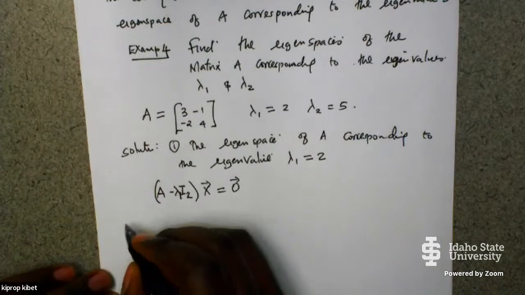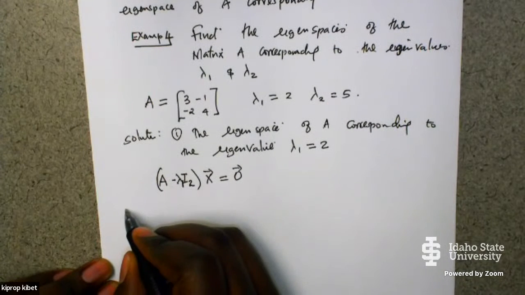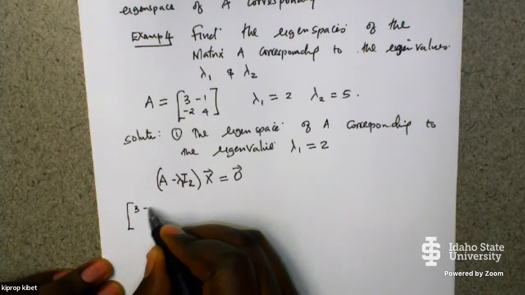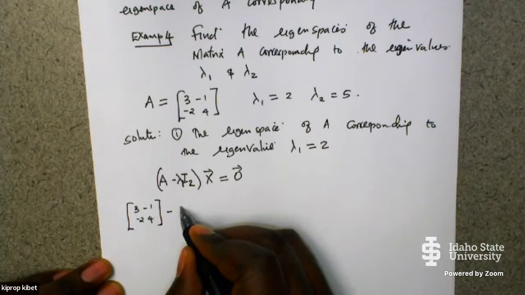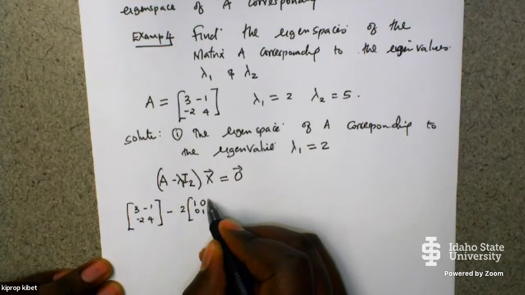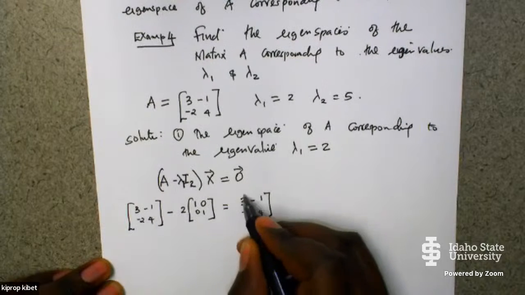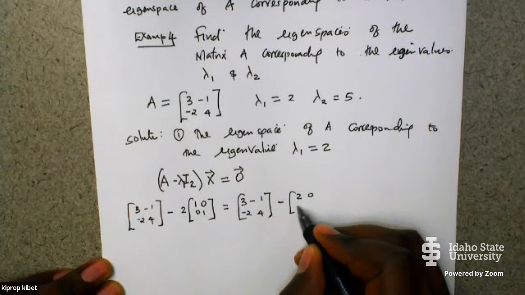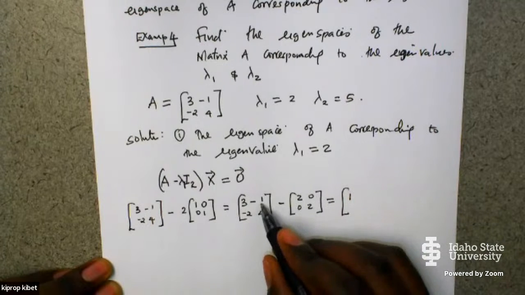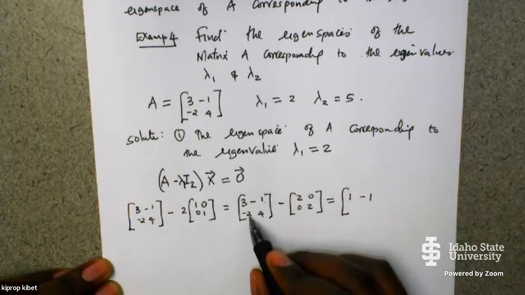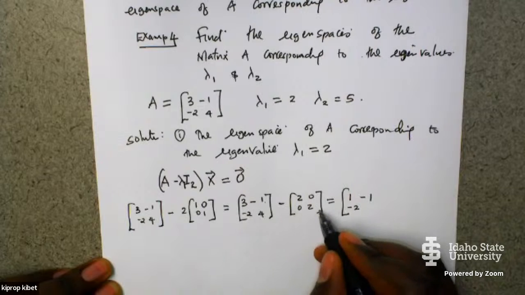Now, A minus lambda 1 times the identity 2 by 2 matrix is equal to our A, which is 3, -1, -2, and 4, minus 2 times 1, 0, 0, 1, which is the same as 3, -1, -2, 4, minus 2, 0, 0, 2, which equals 3 minus 2 is 1, -1 minus 0 is -1, -2 minus 0 is -2, 4 minus 2 is 2.